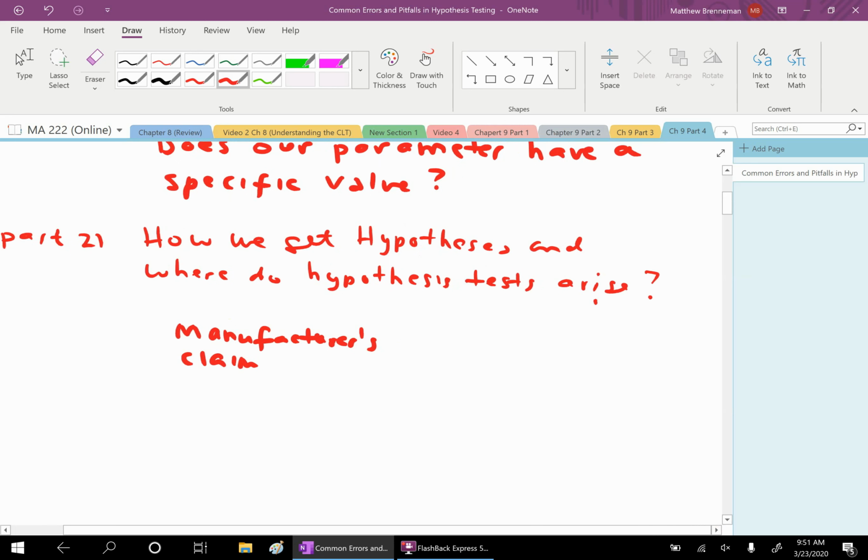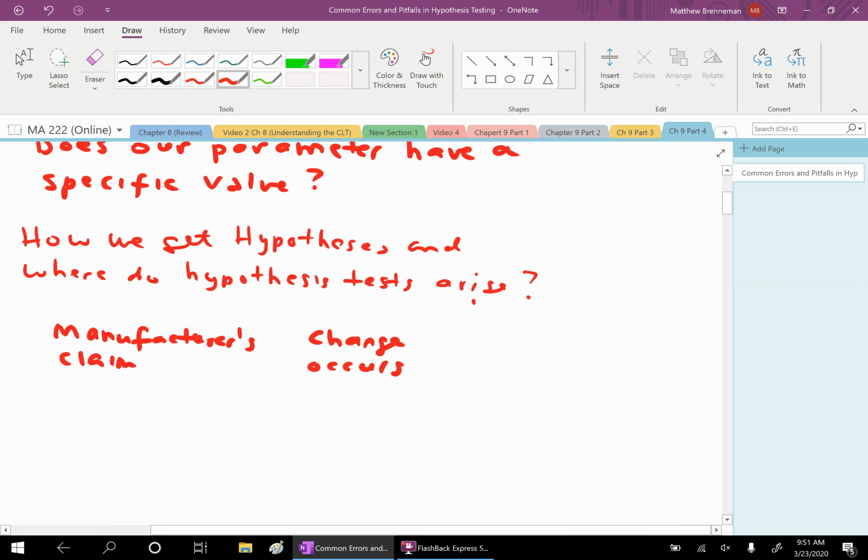Another is that we have a change that occurs that we think affects our population. And the third is that our population may have some sort of property, and we want to test to see if it has that.